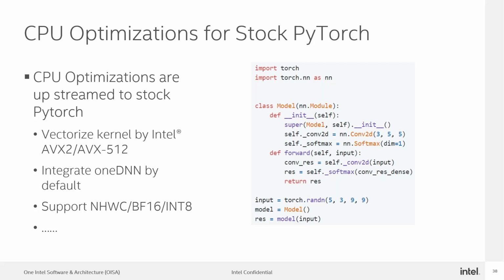CPU optimizations are upstreamed to stock PyTorch, so you can enjoy the vectorized kernels for the Intel AVX2 or AVX512 instruction set. And also OneDNN has been integrated into PyTorch, so even if you use the stock PyTorch, you can get acceleration by OneDNN.